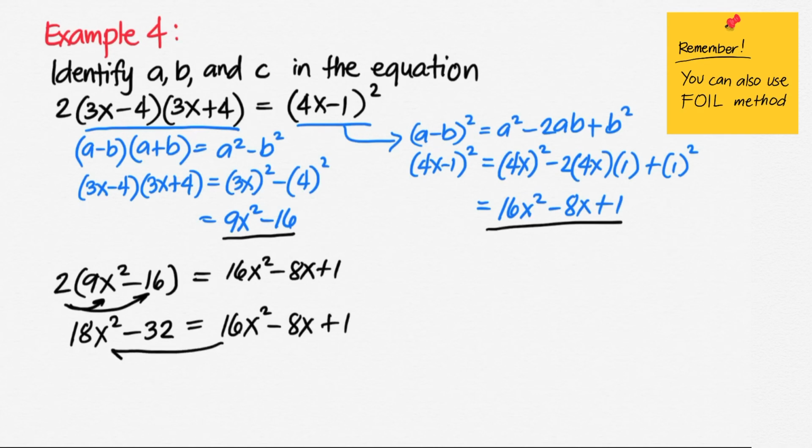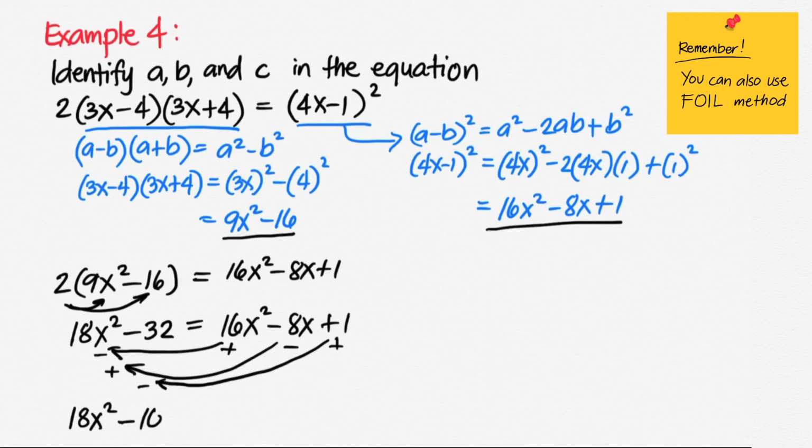In doing so, its sign will change from positive to negative. Negative 8x will be positive 8x. Positive 1 will become negative 1. So let's do that. 18x squared minus 16x squared plus 8x minus 32, then minus 1 equals 0.